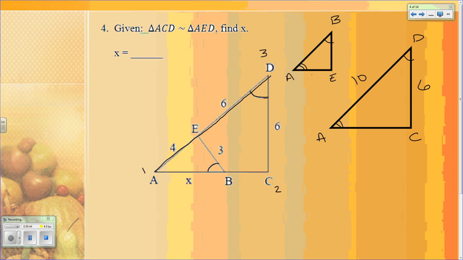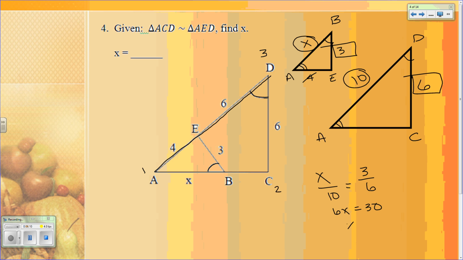I see that AE is 4, and BE is 3, and AB is X. So this side goes with this side, and this side goes with that side. X goes with 10, 3 goes with 6. 6x equals 30, so X is 5. So X is 5 in this problem.